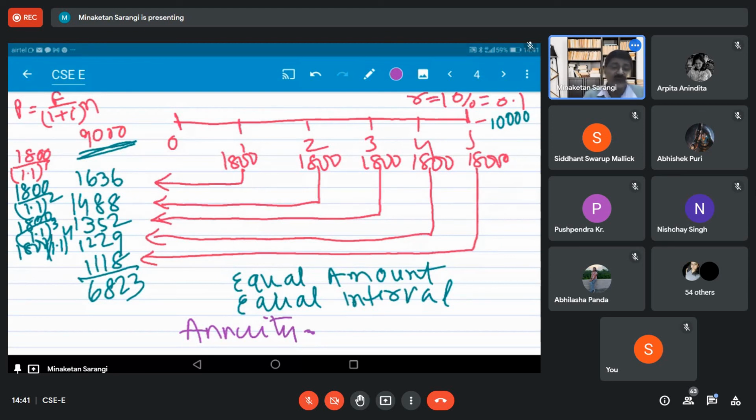And this annuity is of two types. One, ordinary annuity or deferred annuity, or we say immediate ordinary annuity.